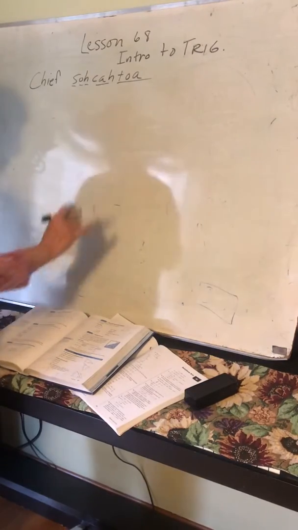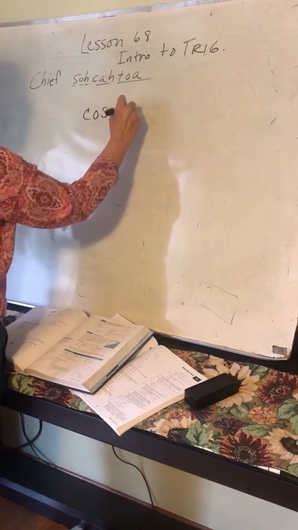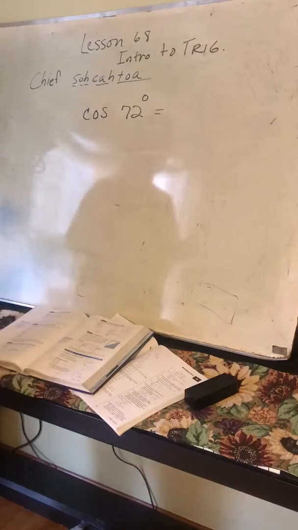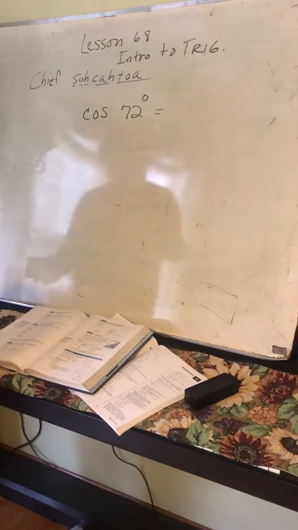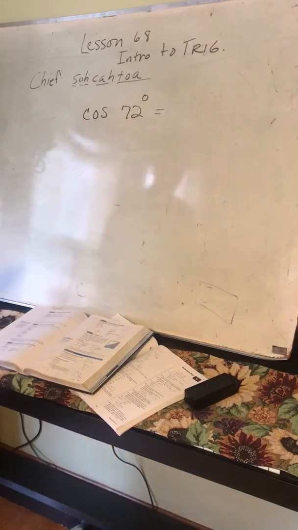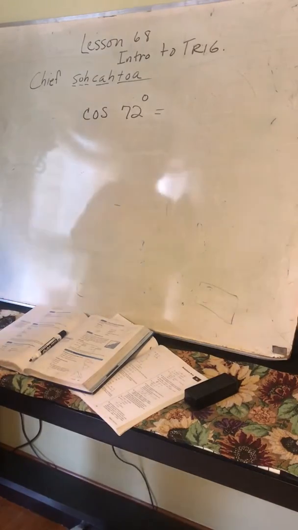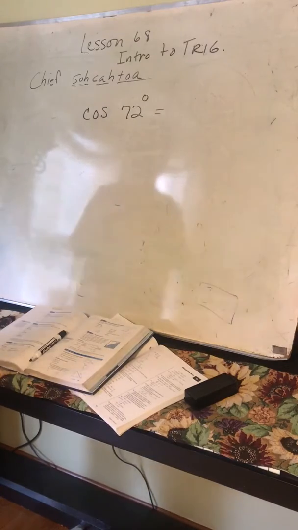So if I tell you to find the cosine of 72 degrees, remember, it's going to be a ratio. It's going to calculate out as a decimal. Different calculators are punched in differently, that's why I like to do this in class.